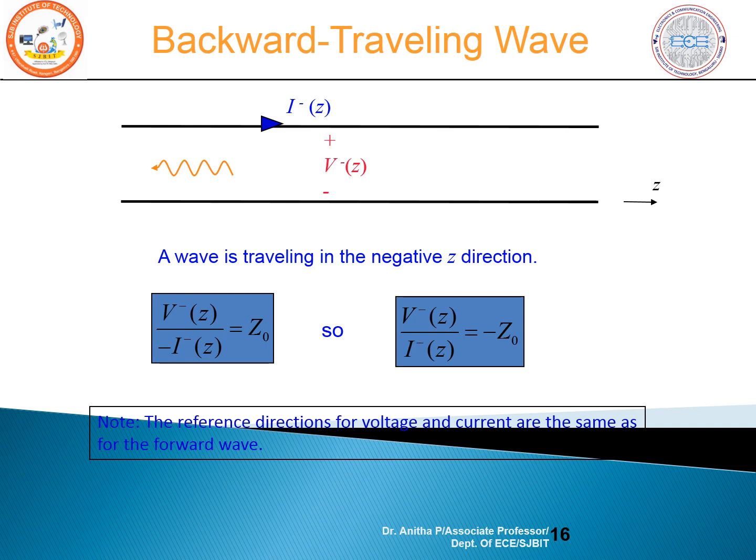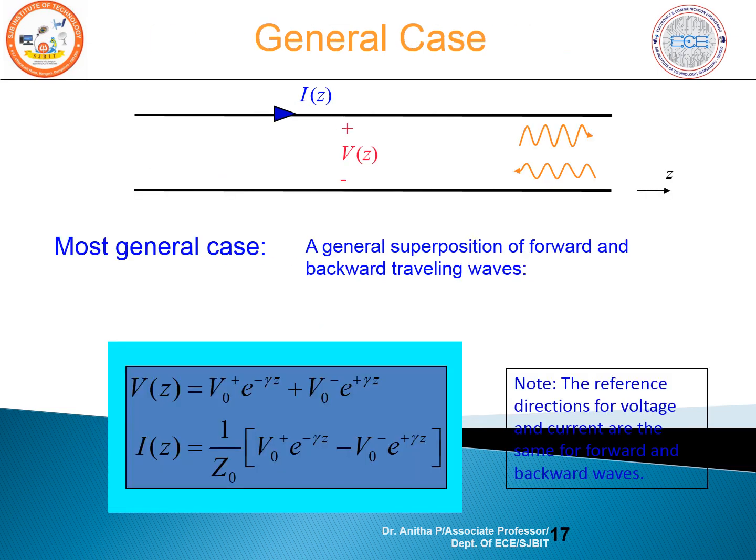And the characteristic impedance we already have, which is nothing but the ratio of voltage to current. In general, in the voltage and current equations, the major difference is that you can express current in terms of voltage also. I plus, the wave current traveling in the positive z direction, is V naught plus by Z naught.